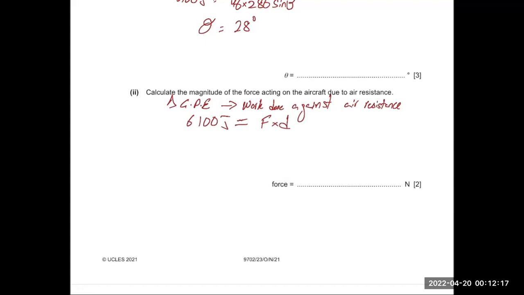Sorry about that. So work done against air resistance is force into distance.